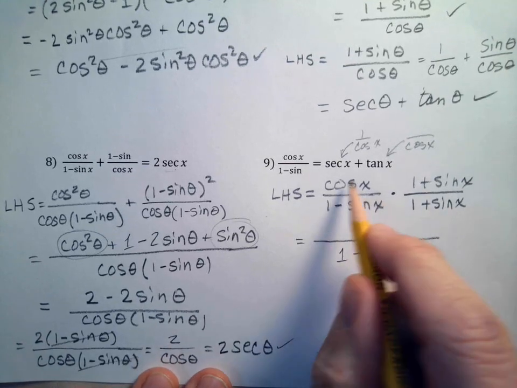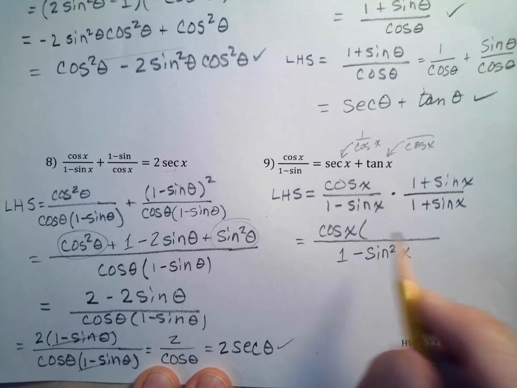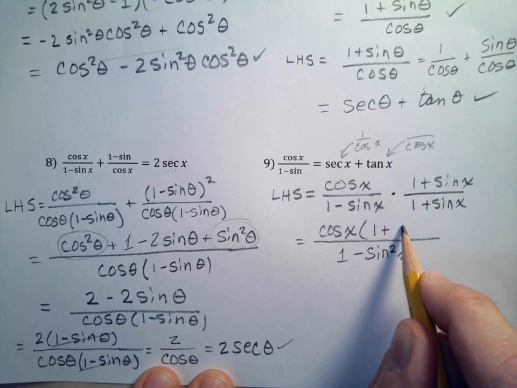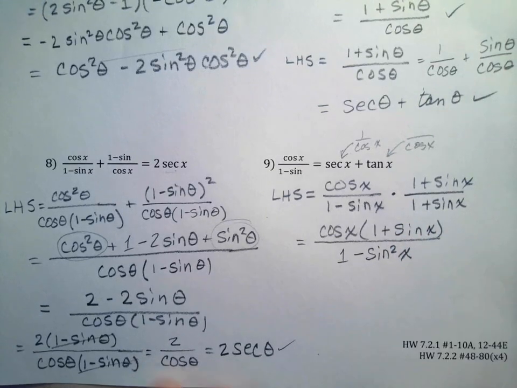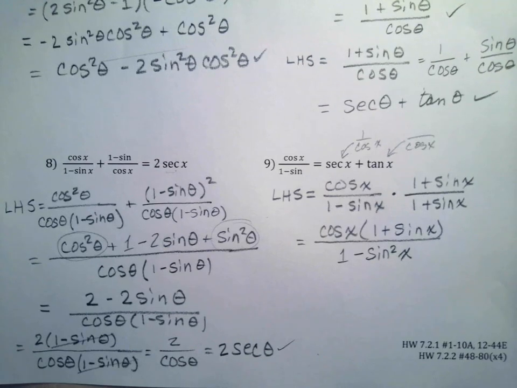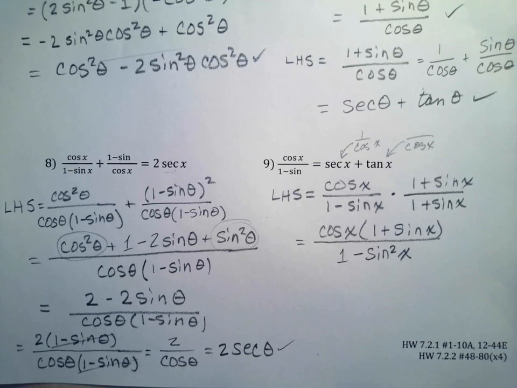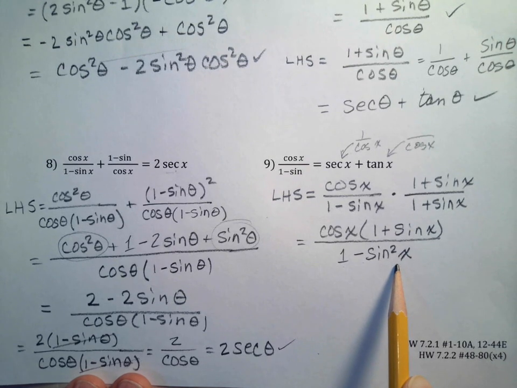Let's not distribute the cosine x upstairs yet, until we know whether something's going to cancel or not. If it cancels, generally canceling it in factored form sometimes is more helpful than in simplified. All right, so what can I replace 1 minus sine squared x with?